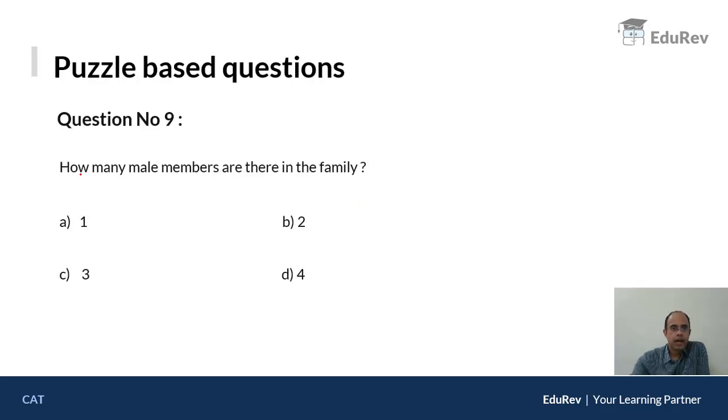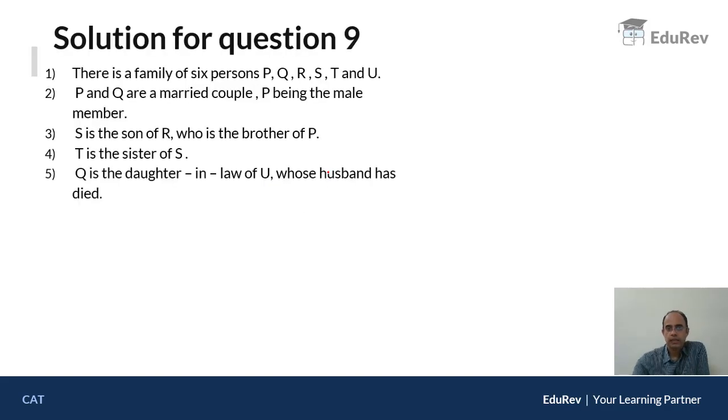Now, question 9. How many male members are there in the family? Again, I am drawing the family tree for you all. P and Q are married couple. P being the male, hence Q being the female wife. S the son of R, who is the brother of P. Now P has a brother by the name R. He is a brother, so male.